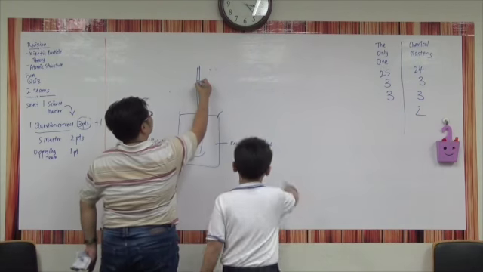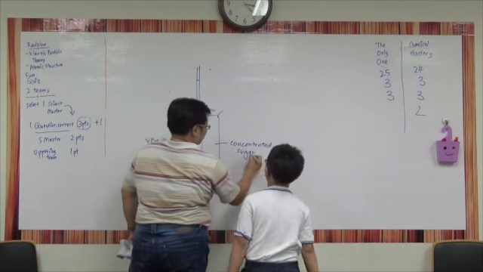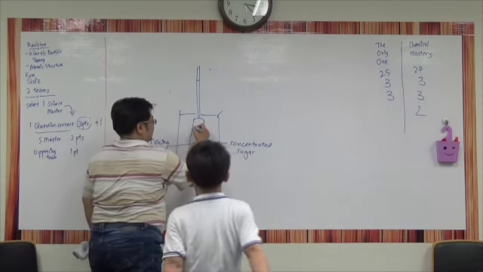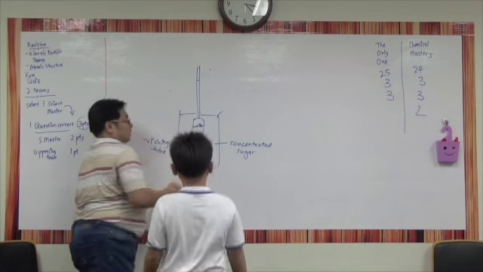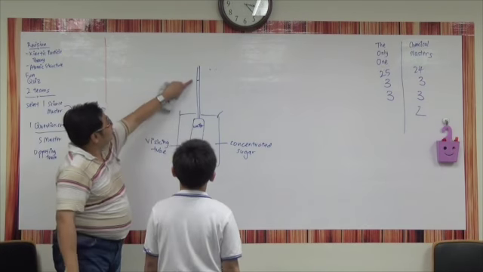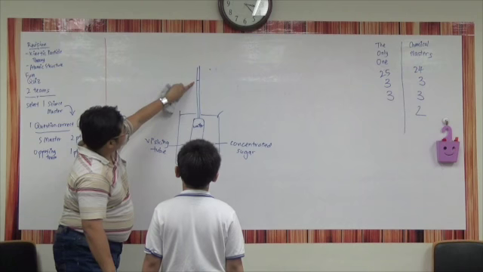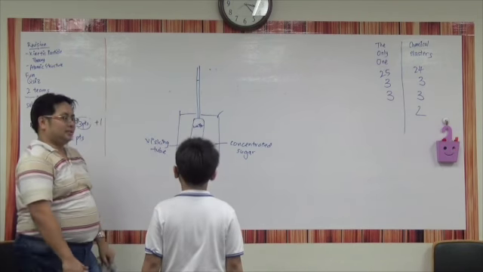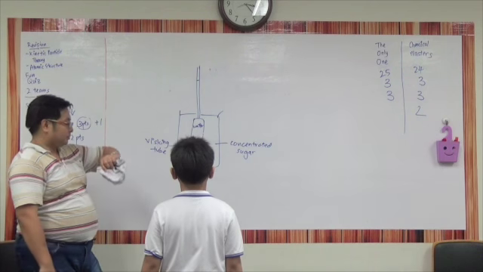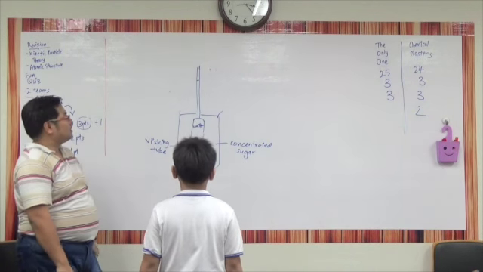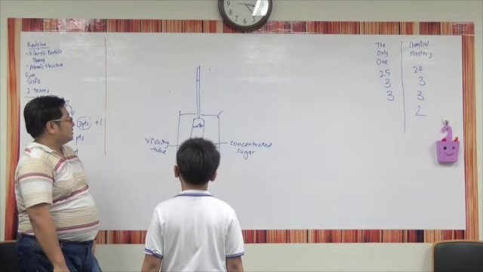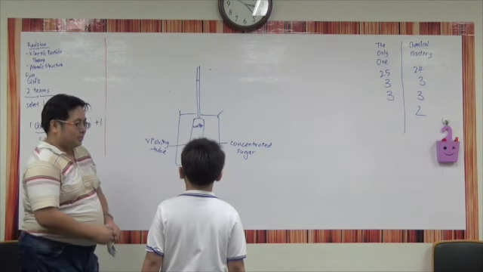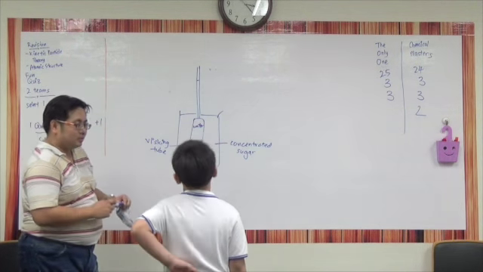So this part, this sugar. Okay, so this part is just water. So what happened to this level? You just need to tell me, does it go down or does it go up? I think it should go down. It should go down. Is that the answer? Because?